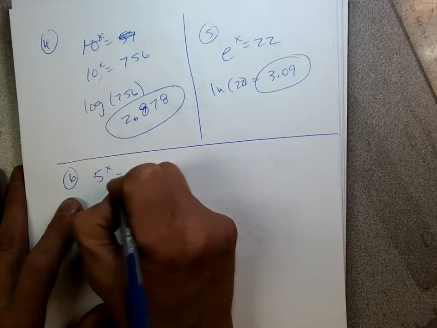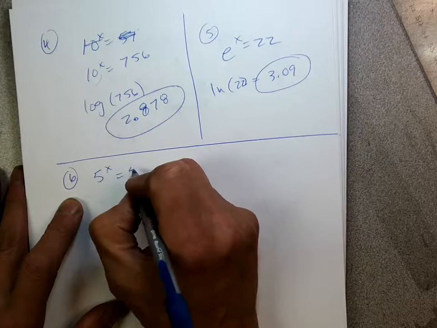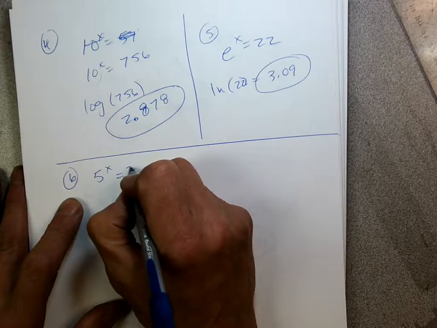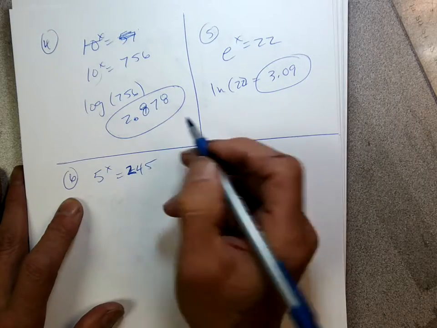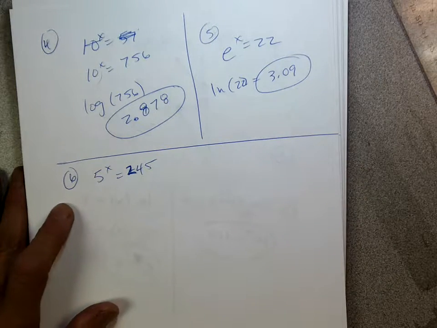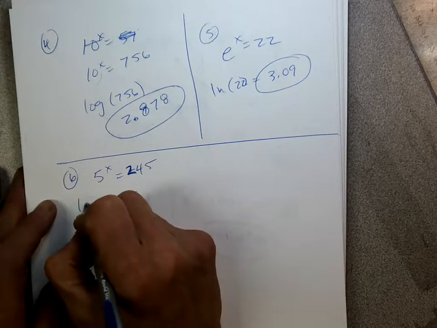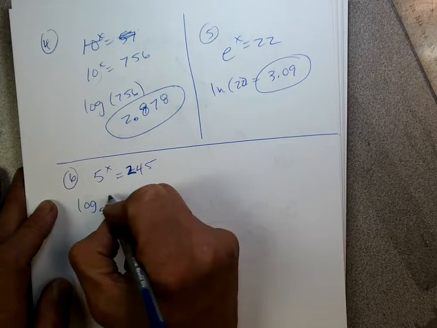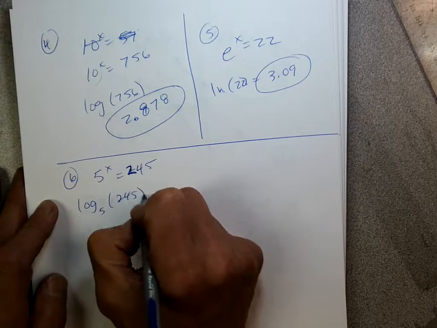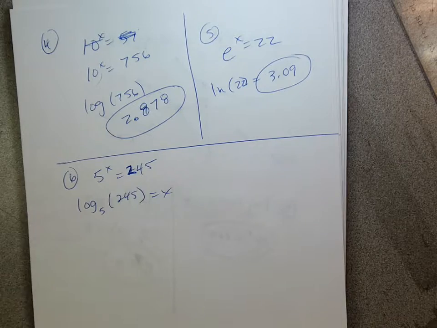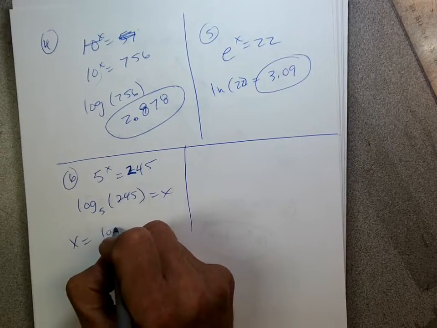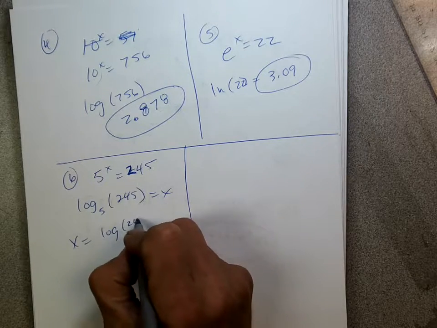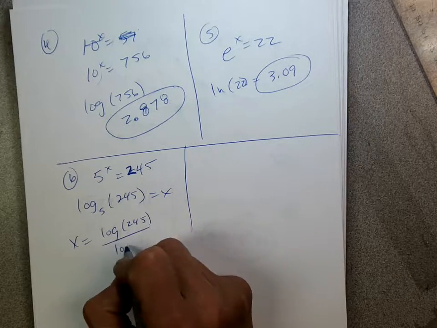5 to the x equals 245. So to do this one, I'm going to change it to log form. Log base 5 of 245 equals x. Now your calculator won't do base 5, but you can use the change of base formula, which is x is equal to log of 245 over log of 5.